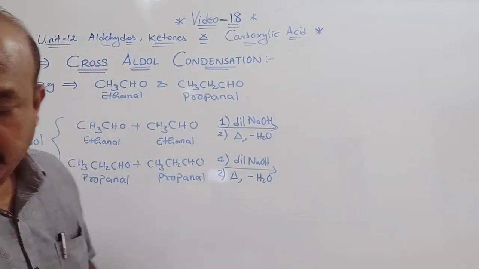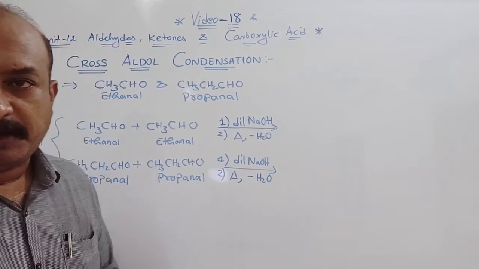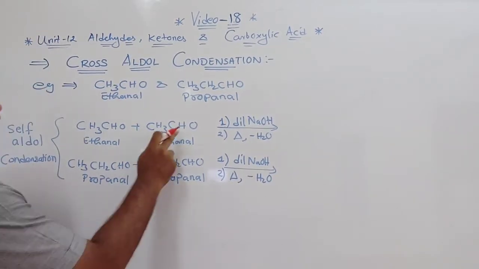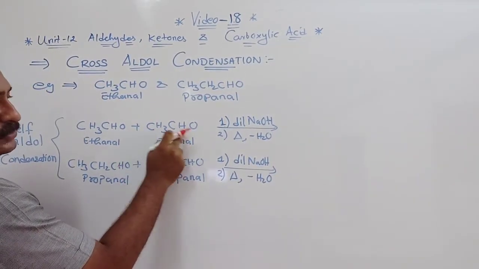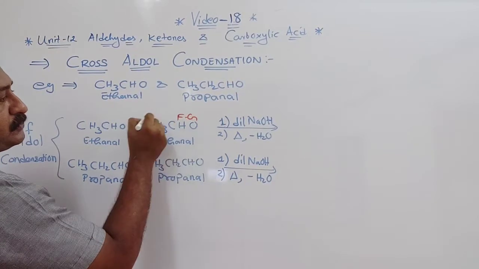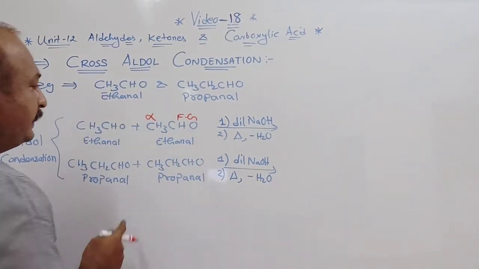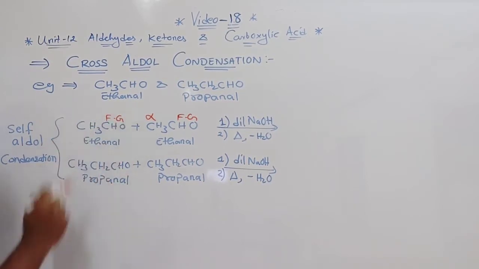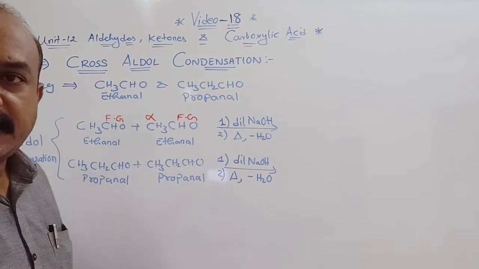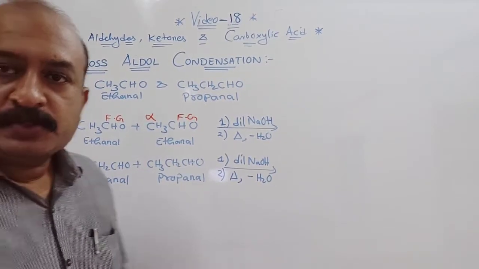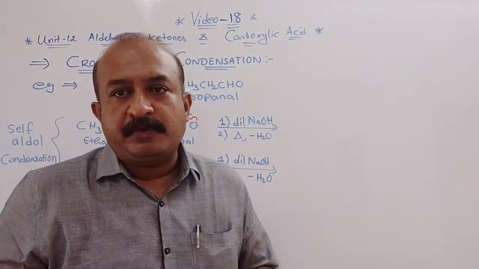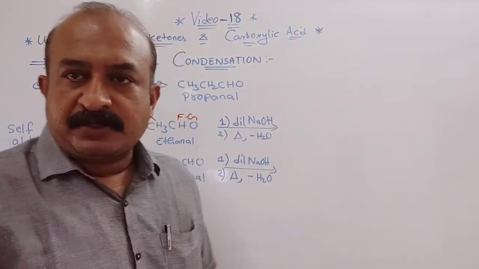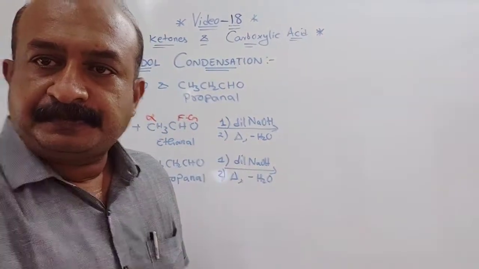Now there is one very simple technique to remember. The carbon next to the functional group is your alpha carbon. From the functional group, we will remove oxygen. With this technique, you can get any cross-aldol product in just a minute.